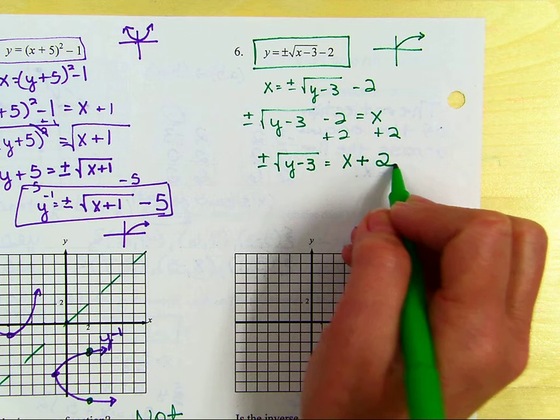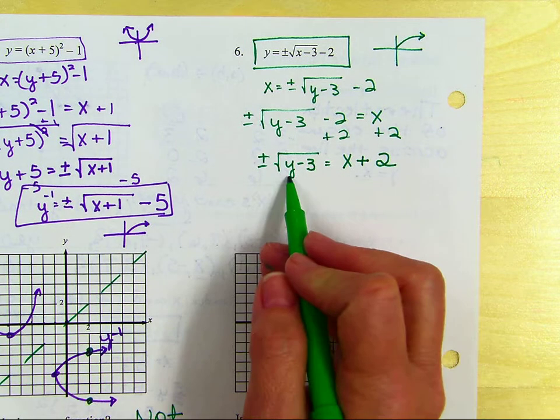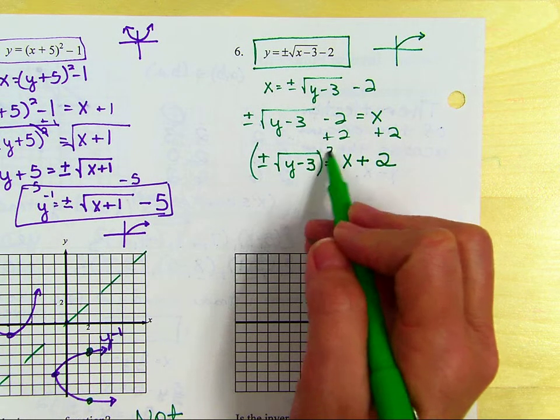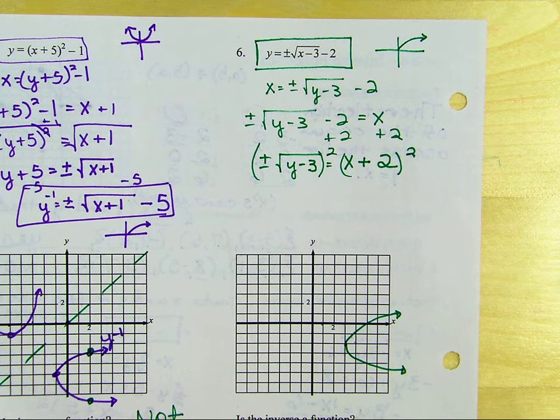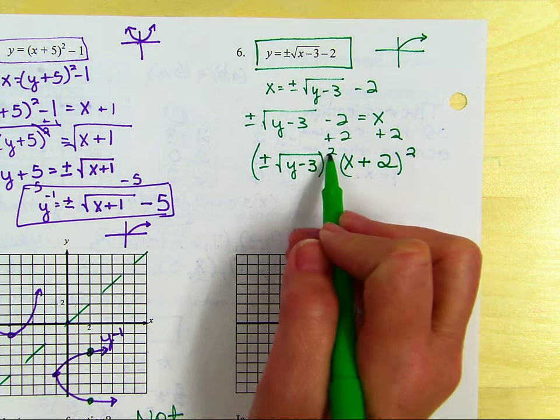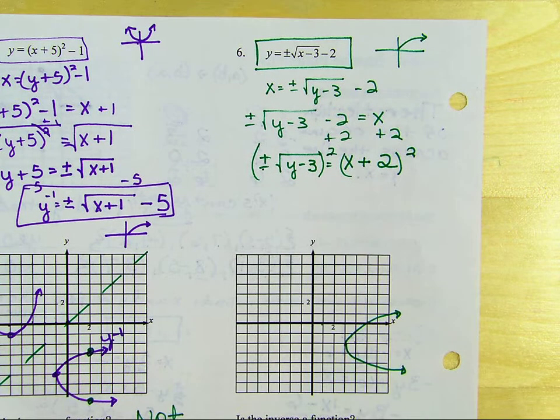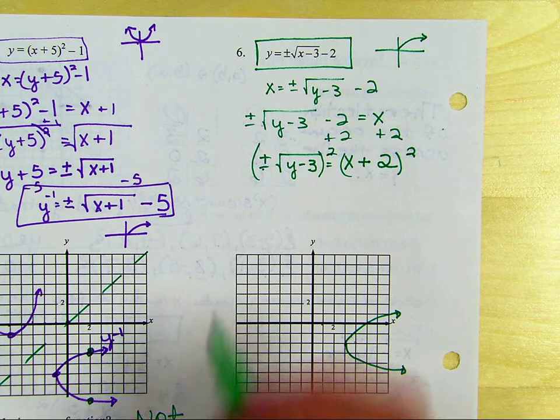I get rid of a square root by squaring both sides. The parentheses are necessary and critical. Don't forget them. So what happens when you square this negative down here? It becomes positive, so I don't have to worry about that plus or minus anymore.